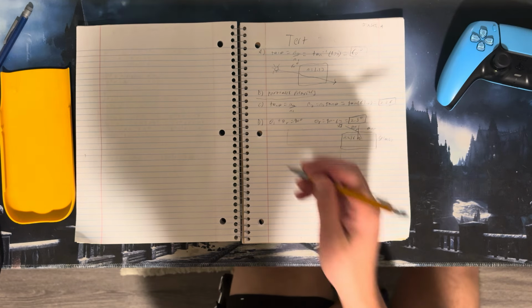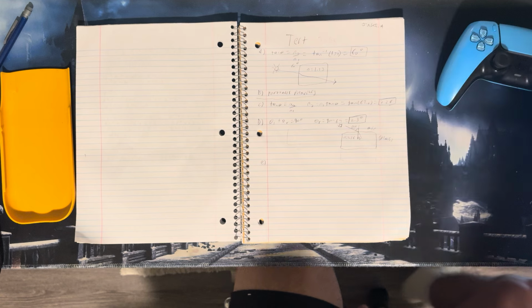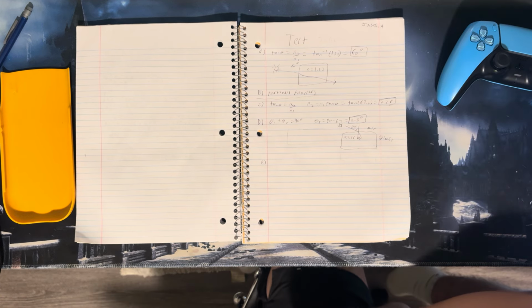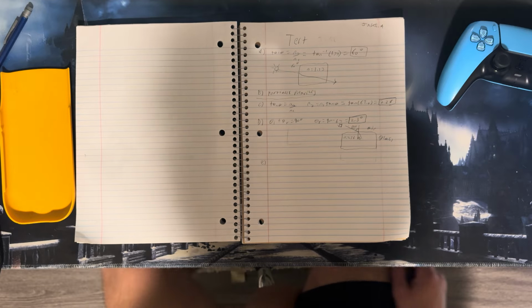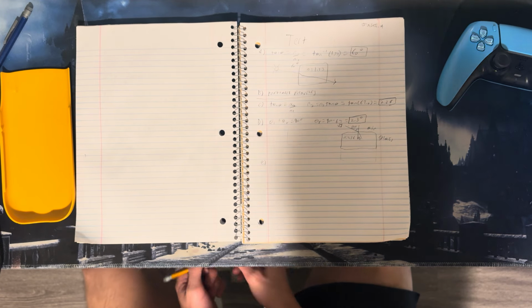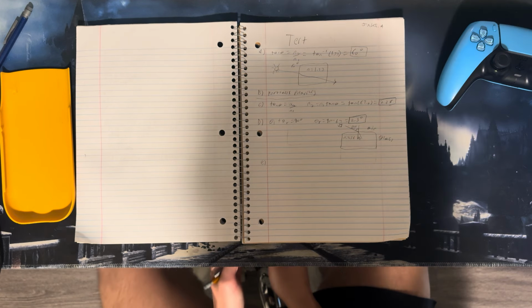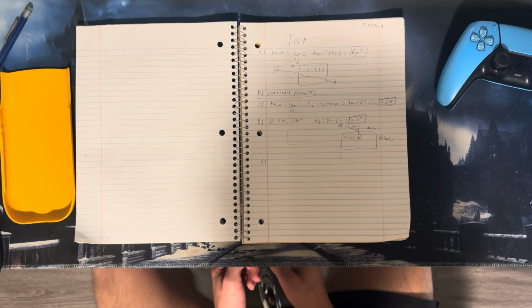Moving on to E, which asks, if so, what is the angle? In this case, the light is polarized perpendicular to the plane of incidence, as it says.